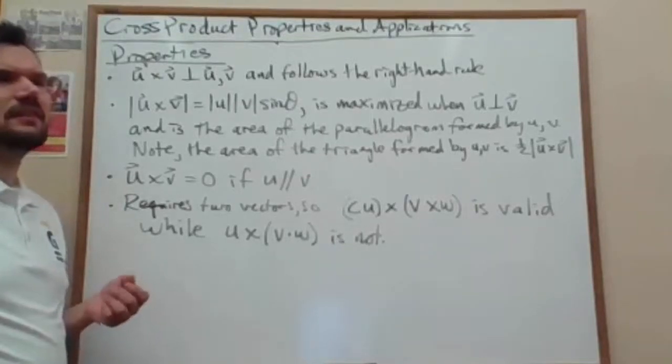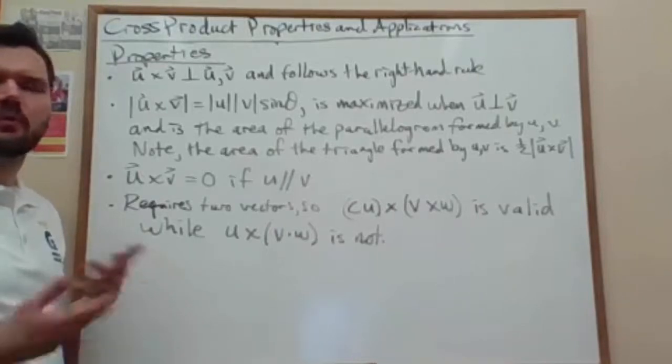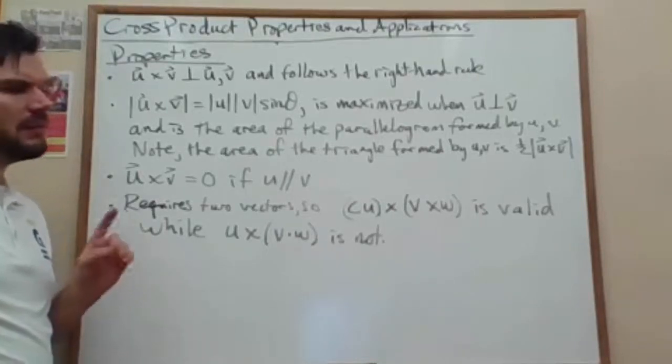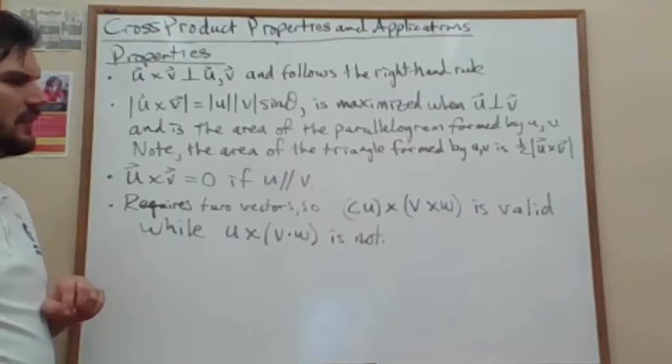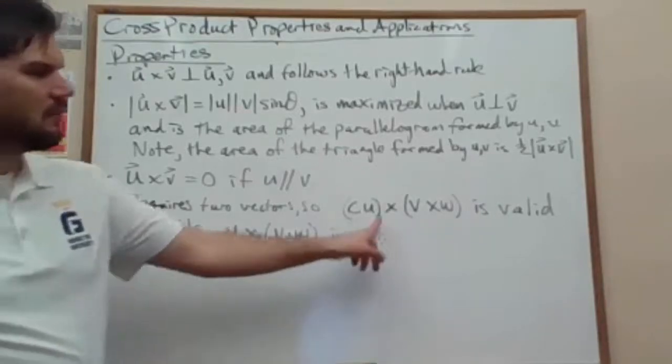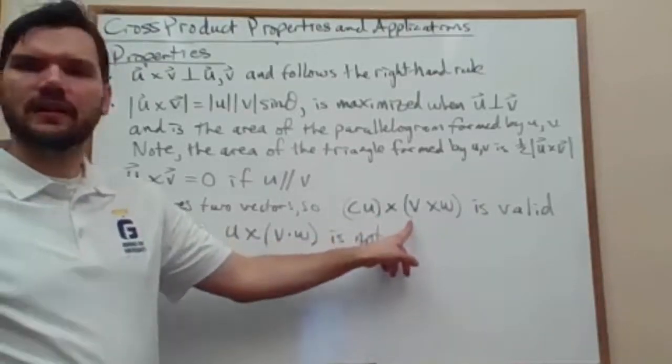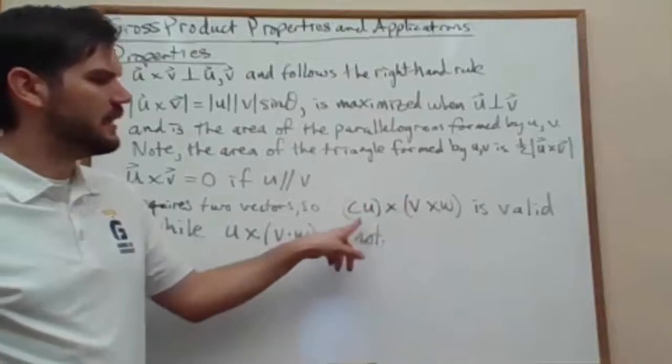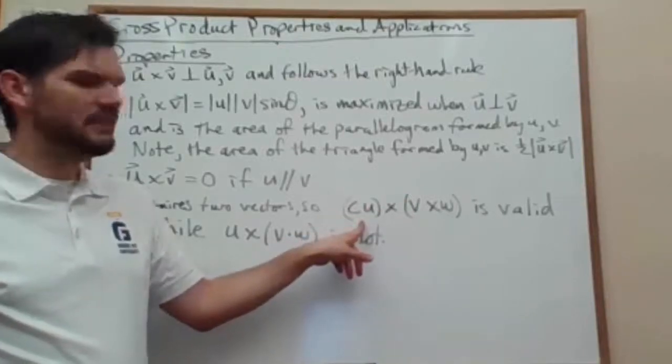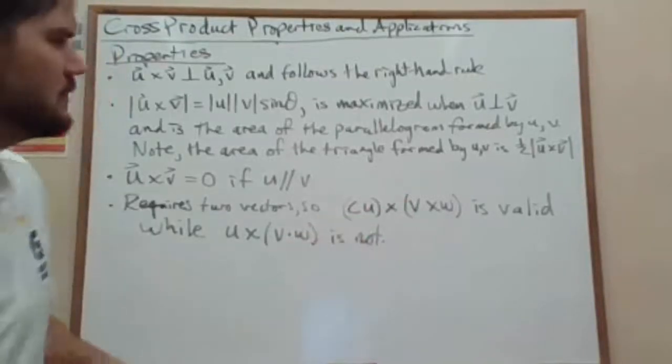This isn't really new. It's a way of multiplying two vectors together, but we have to be careful to make sure that what we have around the cross product are vectors. For example, c times u is a scalar multiple of a vector. That's a vector.